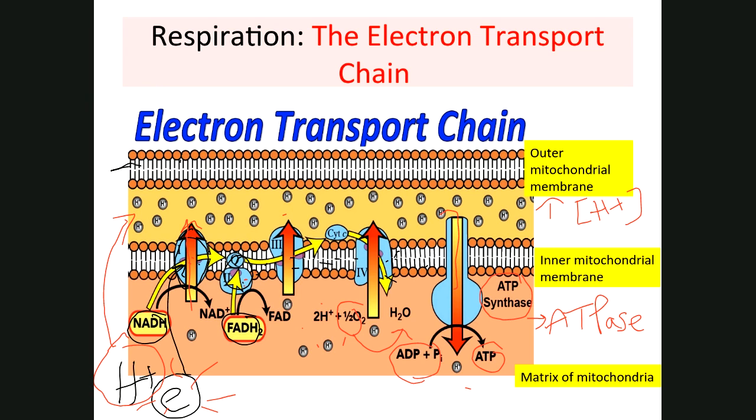Now, this electron transport chain shown here is an aerobic electron transport chain because it's using oxygen as the final electron acceptor.